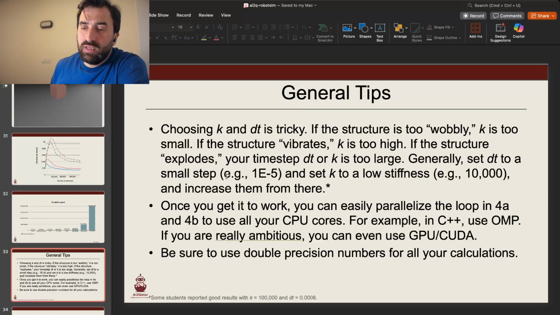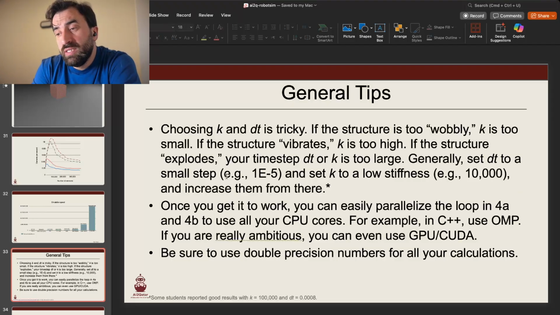Things to keep in mind: k and dt are tricky. If the structure is too wobbly, then k is too small. If the structure vibrates, k is too high. If the structure explodes, your time step dt or k is too large.